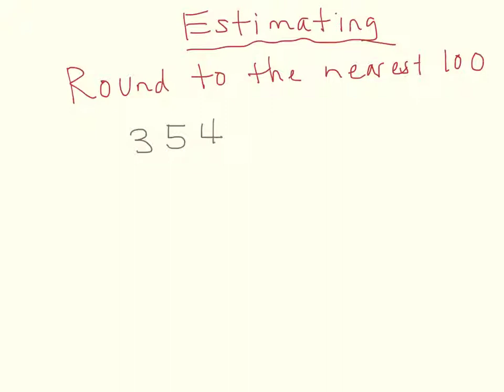So what we actually need to look at is the next number, the number to the right. So we're actually looking at this number here, this digit. And the rule is, if the digit is 5 or more, then it rounds up. So let's write that down.